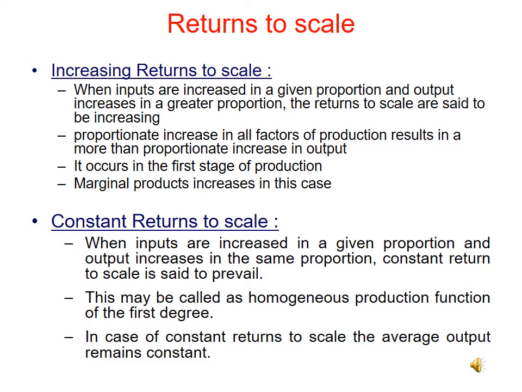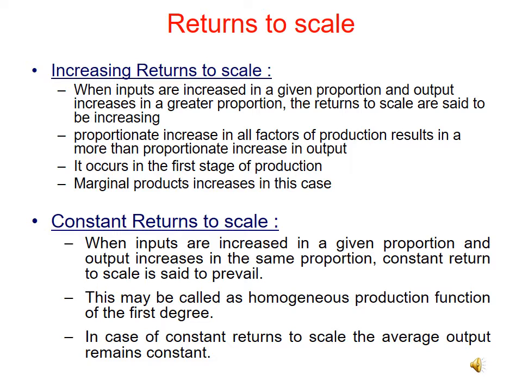And when this constant returns to scale prevails, we call that production function a homogeneous production function of first degree, or homogeneous function of degree 1.